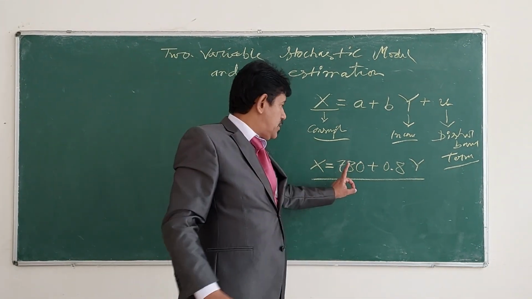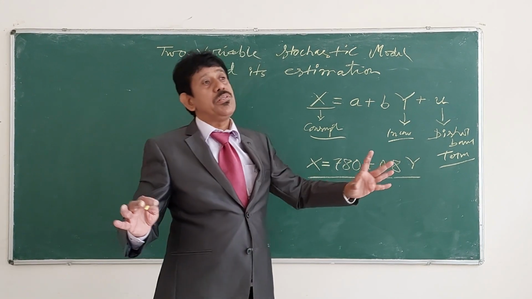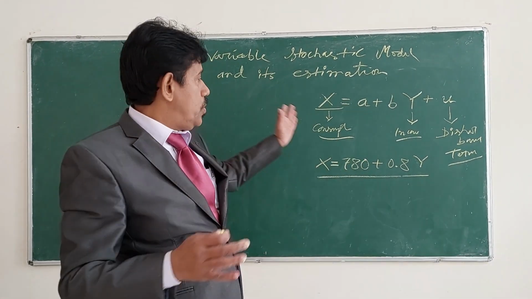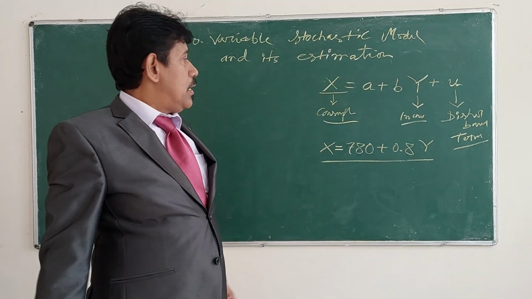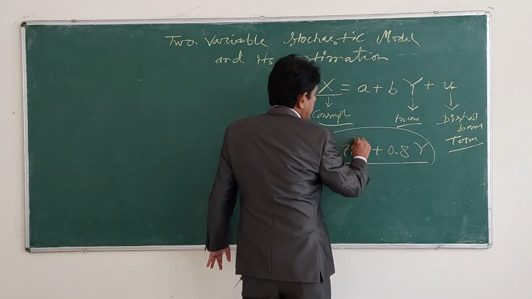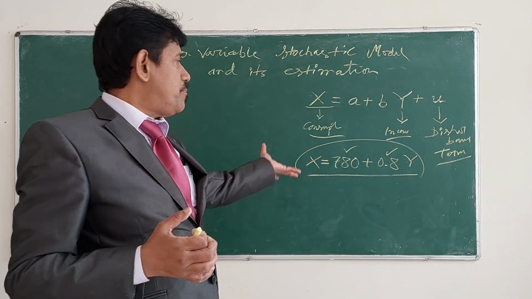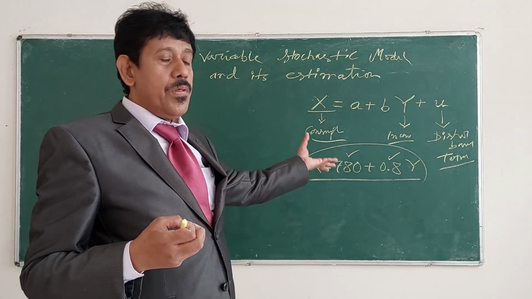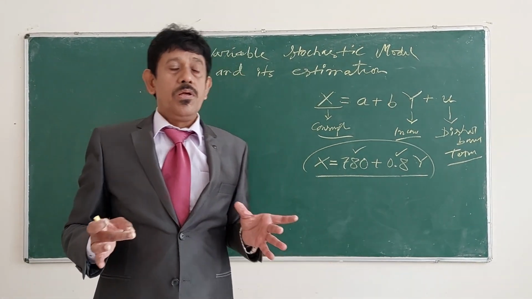As I have explained, this is autonomous consumption, this is marginal propensity to consume, which shows the average relationship between consumption and income. Now, the point is how to derive these coefficients: the intercept and the slope, that is, autonomous consumption and marginal propensity to consume.